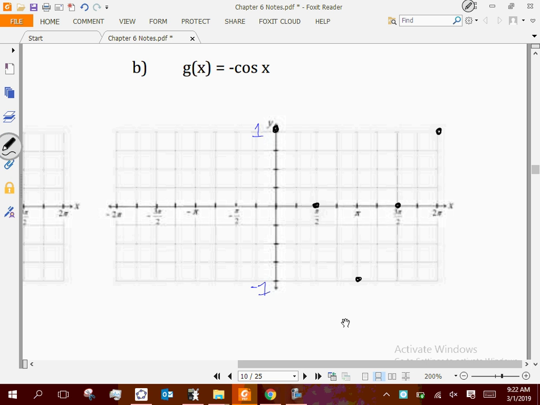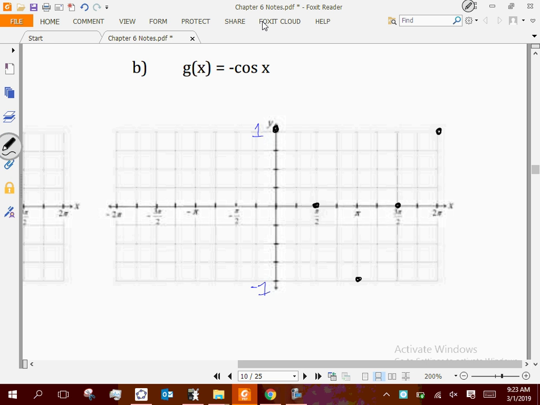And hopefully, as we've seen in the last couple of days, it's almost as natural, as embedded in you, as being asked for 5 parent points for x squared or for y equals x. We should have those things very quickly.